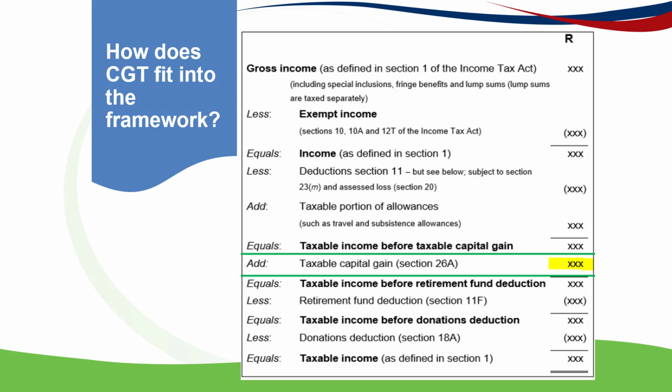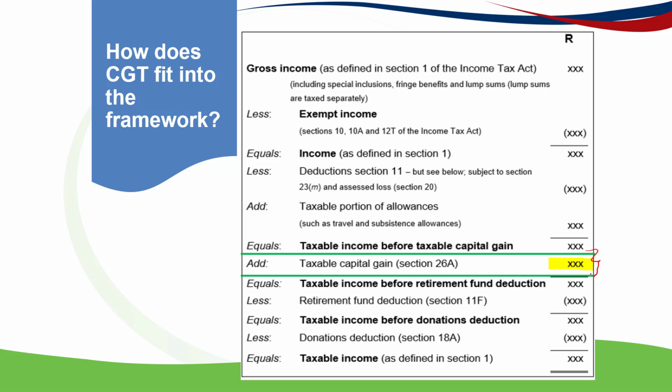Before we get into the discussion of capital gains tax, let us start off with looking at how it fits into the framework for calculating taxable income. If we look at the highlighted area, we will see that CGT is not a separate tax, so it is included in taxable income through Section 26A of the Income Tax Act, which forms the link between the Income Tax Act and the 8th Schedule.